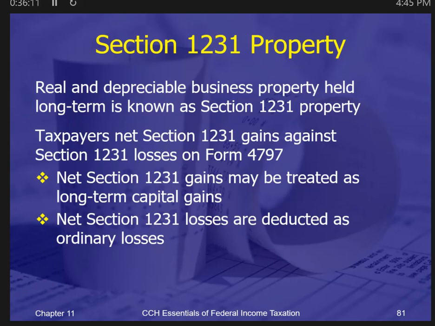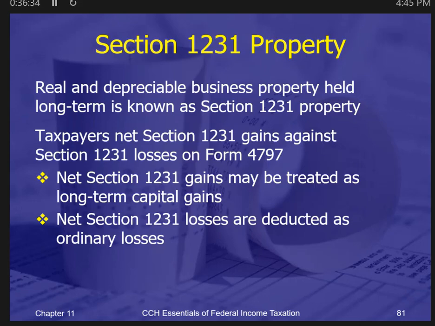All right? This is all reported on Form 4797. There's a separate podcast about how that 4797 plays out. So this seems like the best of all possible worlds. You get gains, you get the lower tax rate on. Losses are not limited to the $3,000.